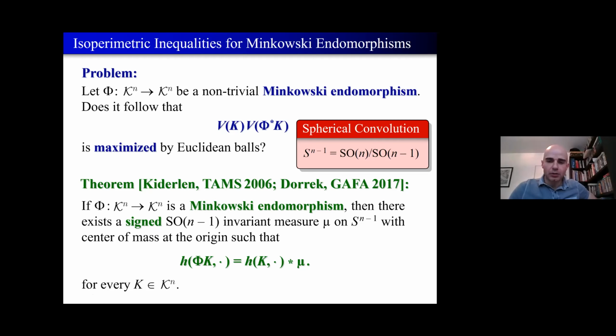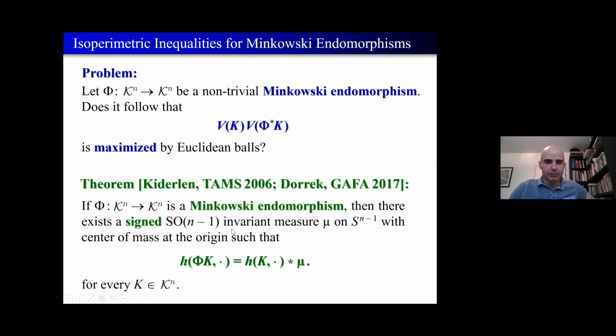We do know a little bit more if we add an additional assumption, and this is why the name Kiderlen appears here. Kiderlen had a version of the statement from before, but this was refined by Felix Dorek. Markus Kiderlen proved that the Minkowski endomorphism phi is monotone if and only if the measure mu is non-negative. So here we have a complete characterization.